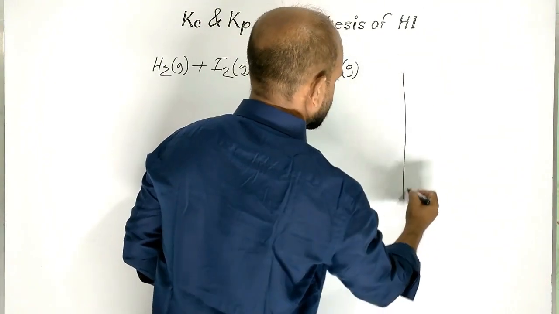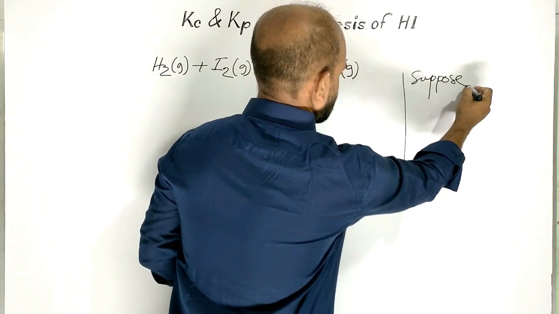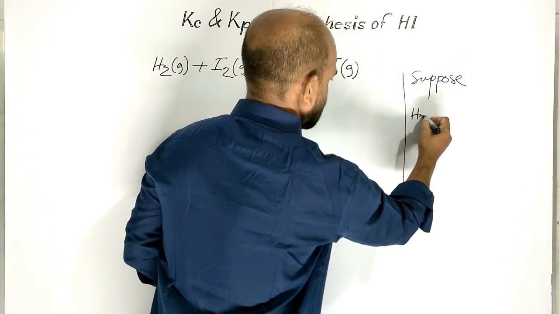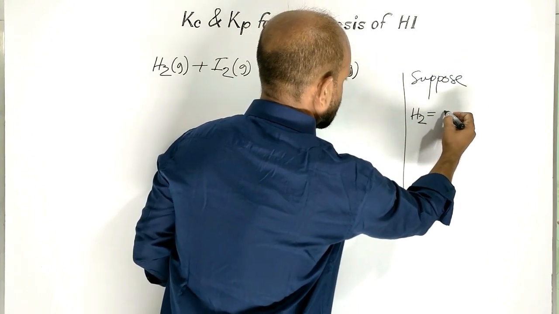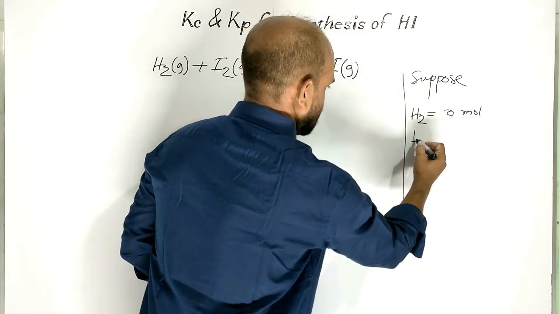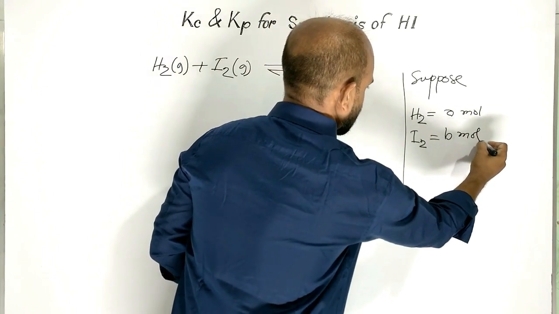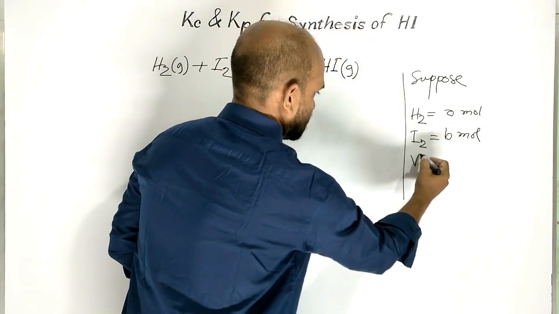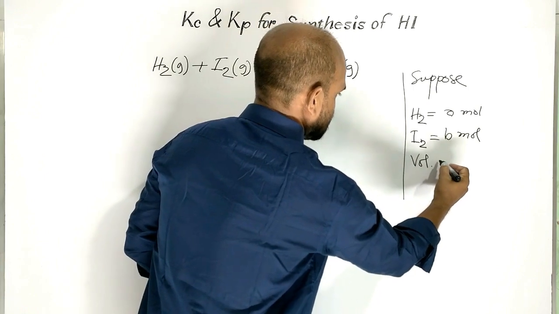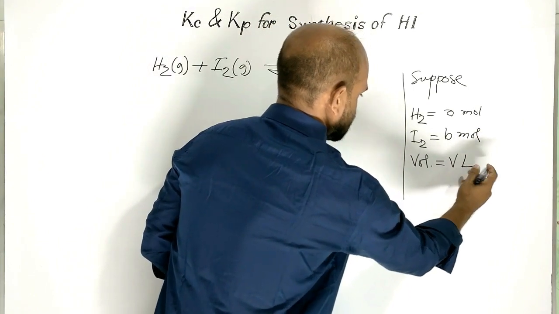Let us suppose here hydrogen is taken A mole, iodine is taken B mole, and the reaction is conducted in a volume which is V liter.